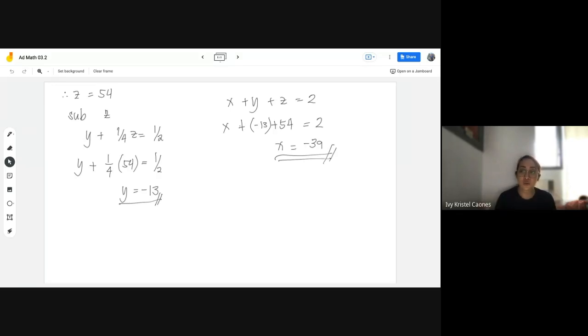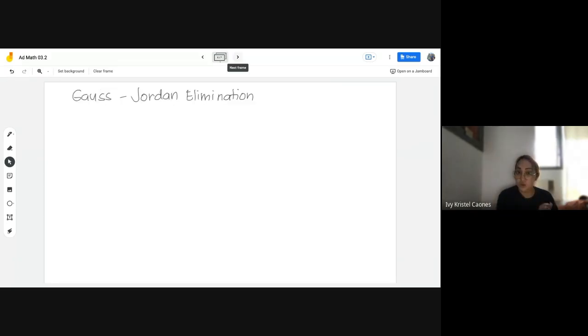Now, how do we do the Gauss-Jordan? Gauss-Jordan elimination is that all other elements outside the main diagonal should be 0, or you have to have an identity matrix on your main matrix.